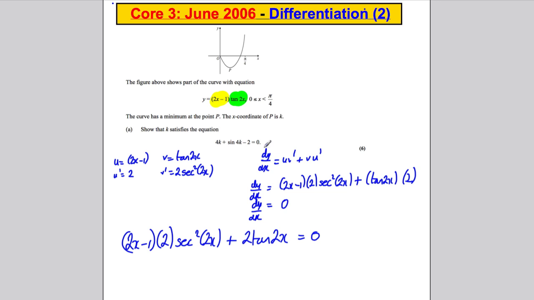We want to show the equation is satisfied by this here. We've got sines in here, and we haven't got sec squared or tan, so the one thing I could do first is to divide everything by 2. So I have 2x subtract 1 times sec squared 2x plus tan 2x is 0.